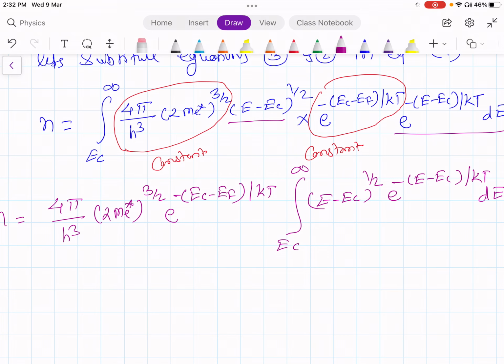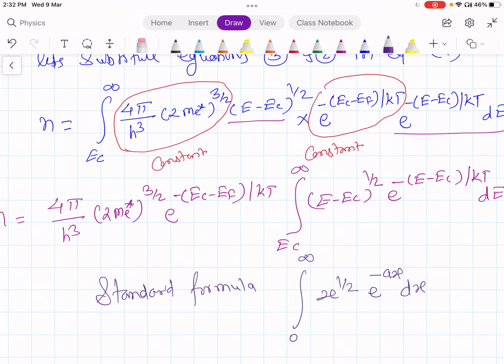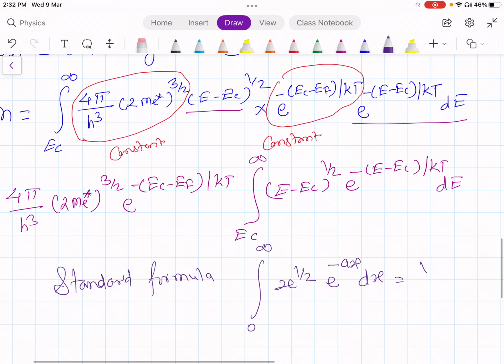The standard formula is the integration from 0 to infinity of x raised to half into e raised to minus ax dx, and this is equal to root pi upon 2a root a. So this is the standard solution for this integration, the standard formula.